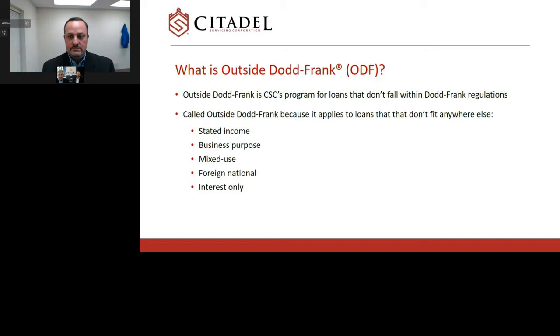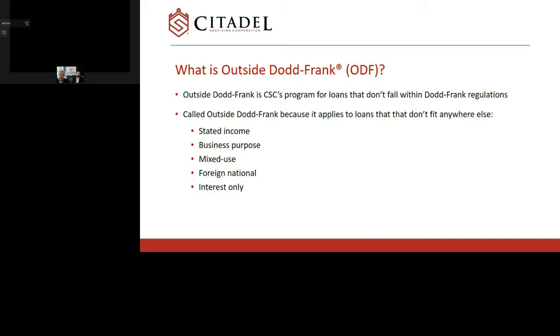Well, you have to understand with outside Dodd-Frank and with Dodd-Frank in general, they laid out a rule of what is a qualified mortgage. And you have safe harbor and you have rebuttable presumption. And then everything that falls outside of that is going to be your outside Dodd-Frank or non-QM especially. So that's where we're operating.